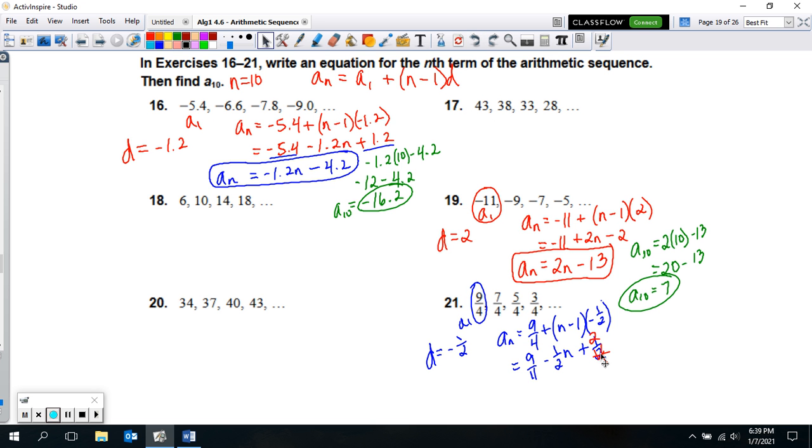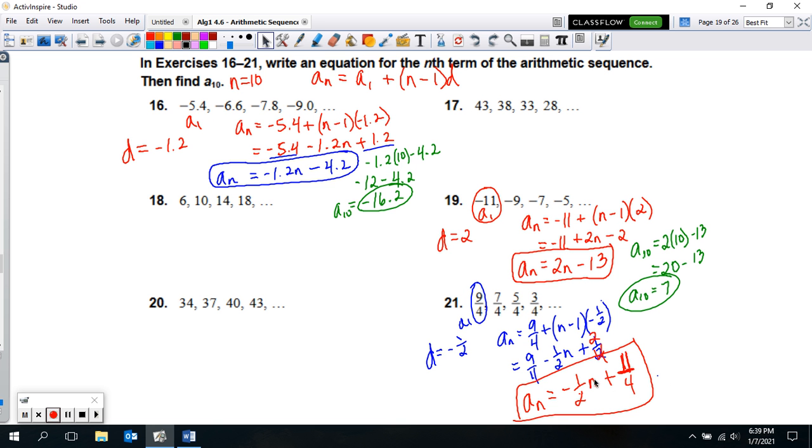And I'm going to change that 1/2 to 2/4 so that we can combine the like terms, keeping them in a common denominator form there. And so 9/4 plus 2/4 is 11/4 for our actual equation here. So it's negative 1/2 n plus 11/4. That's what we're going to see for our equation.